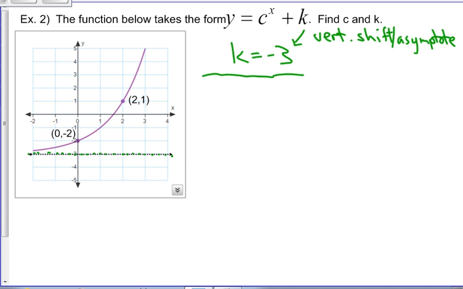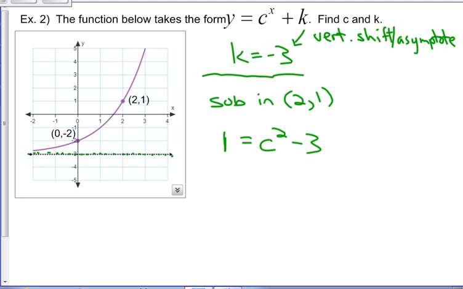Okay, if we keep going with that, we want to find c now. One of the easiest ways to do it is to sub in a point. And let's choose the point (2, 1). Okay. So now we know y would be 1, c is still unknown to us, x is 2, and k is -3.